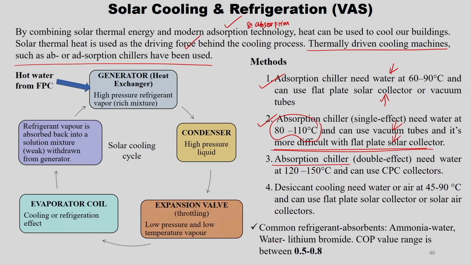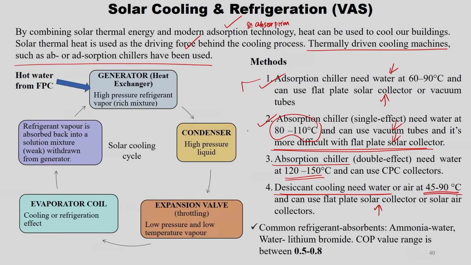If an absorption chiller of double effect is to be used, it needs water around 120 to 150 degree centigrade. In that case it can use CPC collectors, which is nothing but compound parabolic collector, or cylindrical parabolic collectors. If the desiccant cooling needs water or air at 45 to 90 degree centigrade, you can very much use FPC, the flat plate solar collector.